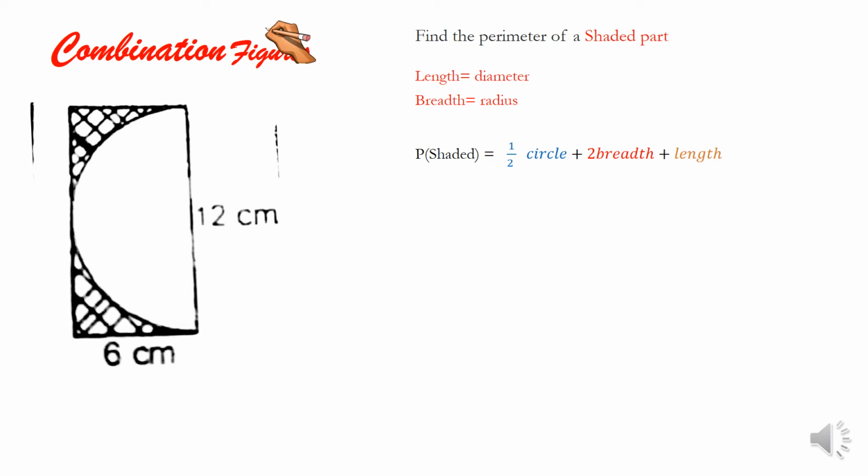Okay. So in order for us to calculate the perimeter of the shaded part, we need to know that when we talk about the perimeter of the shaded part, we are going to look at this part right here and right there. So like I said, the perimeter is actually the length around the closed object.